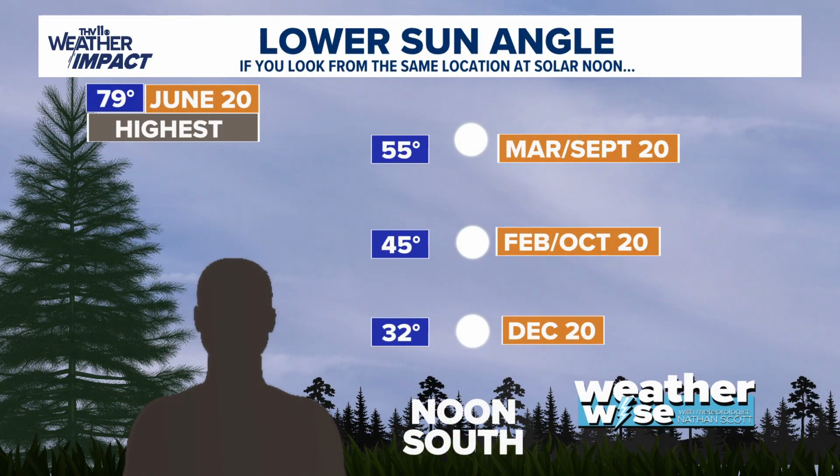Something you may also notice, and you should notice, is let's say you look at the sun in the same location at the same time of day for the next 2 or 3 months. And you could actually do a drawing of this. I did this in astronomy class where we made a little rough sketch of the horizon, and every day I would go out and look at where the sun's position was at the exact time.